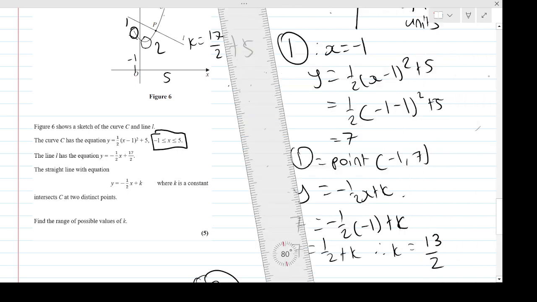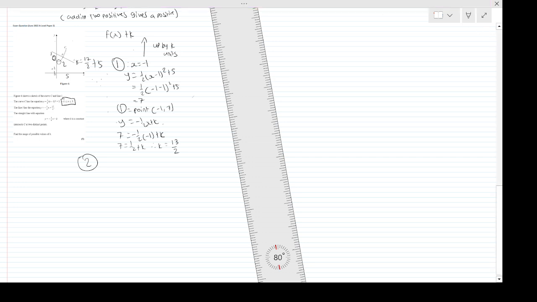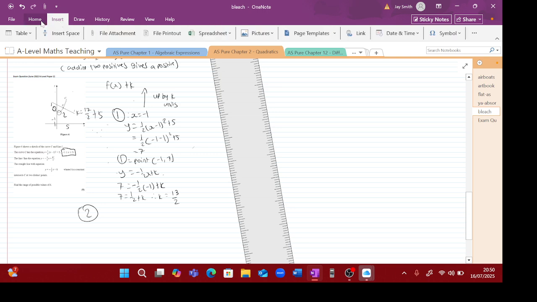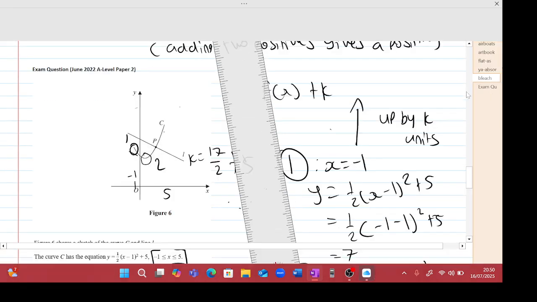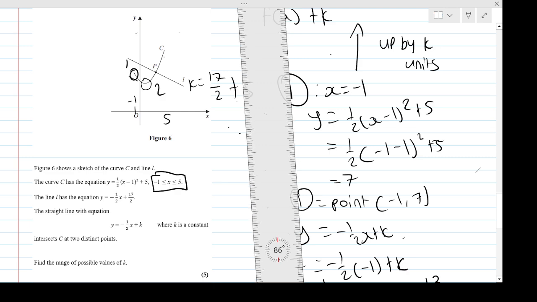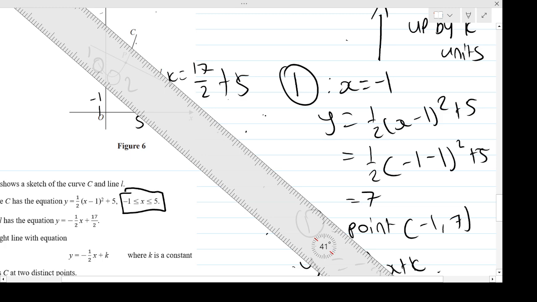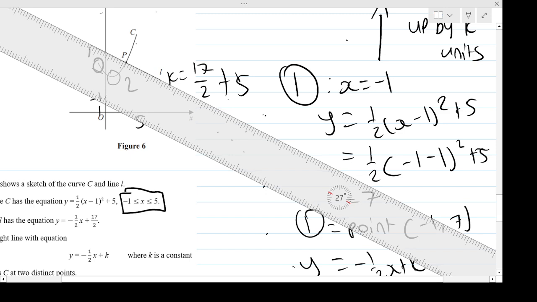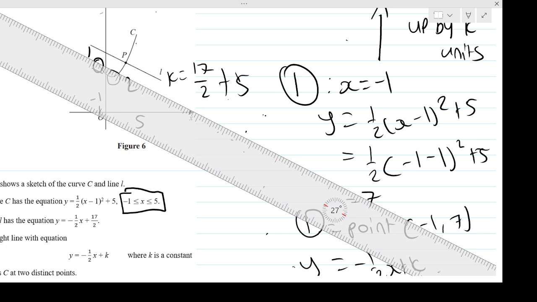Because if we go back to our line, if I use my line again, hang on a second. Okay, let's try this again. If we use our line again and match it, it's going to cross twice at the point 1.